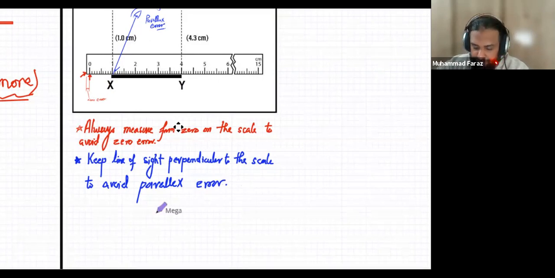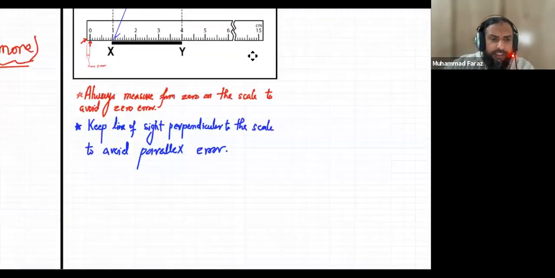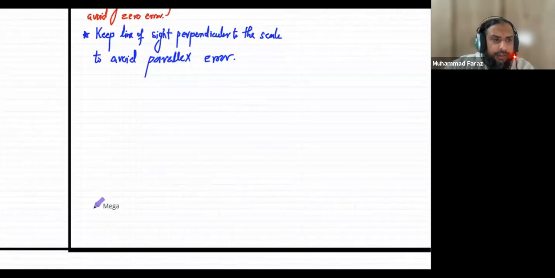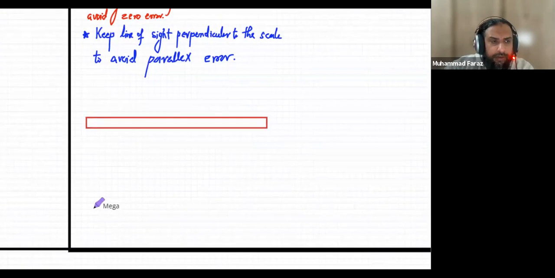Okay. So be careful. One way of overcoming this thing is, for example, if this is a scale, and we cannot actually make the object touch the scale.